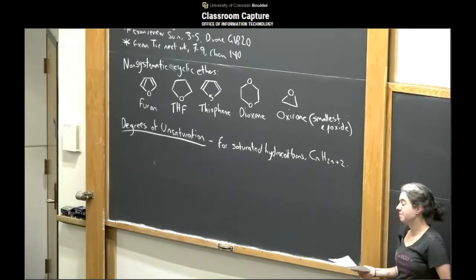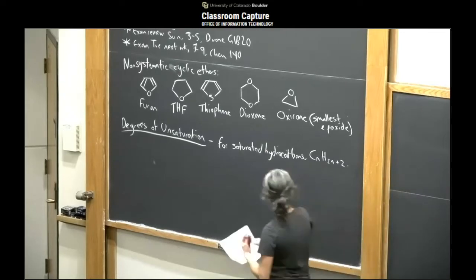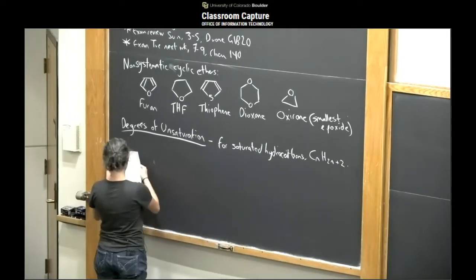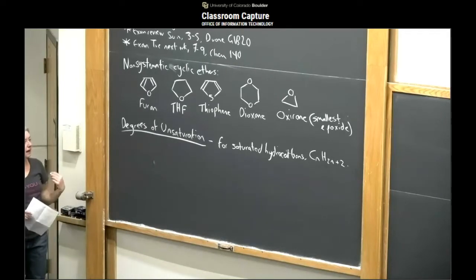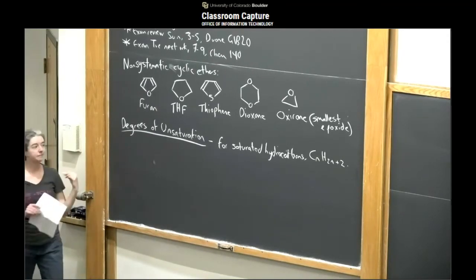And then each pair of missing H is 1 degree of unsaturation. So now that we're starting to look at stuff with heteroatoms in it, how do we describe degrees of unsaturation?